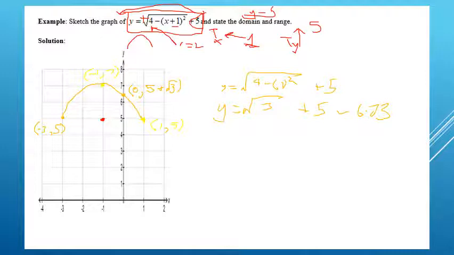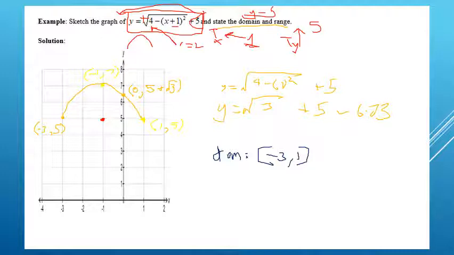Okay, we're also asked, always read the question, sketch the graph and state the domain and range. So I have to state the domain and range here. The domain, what x values are used on this graph. Let's see, we start at negative 3 and go all the way across to positive 1, including those, so it's negative 3, comma 1.